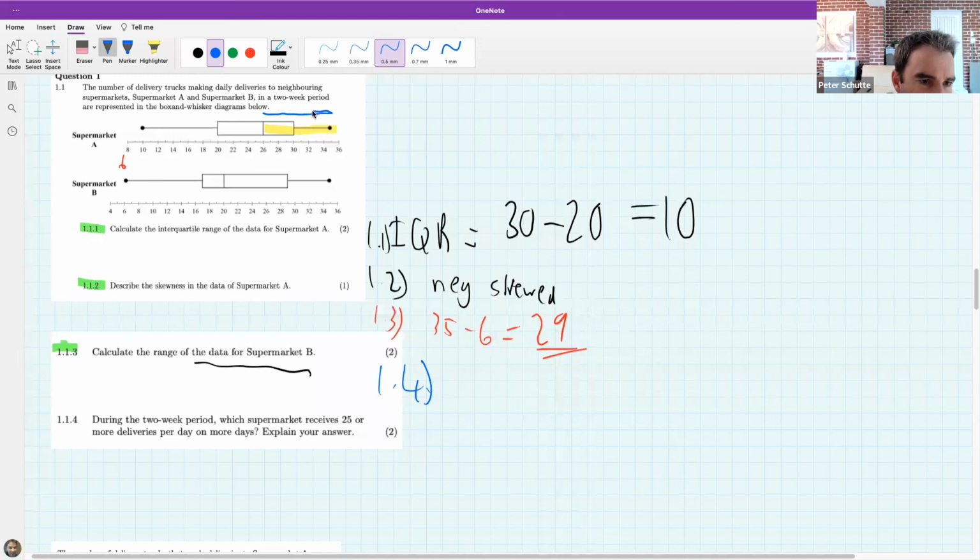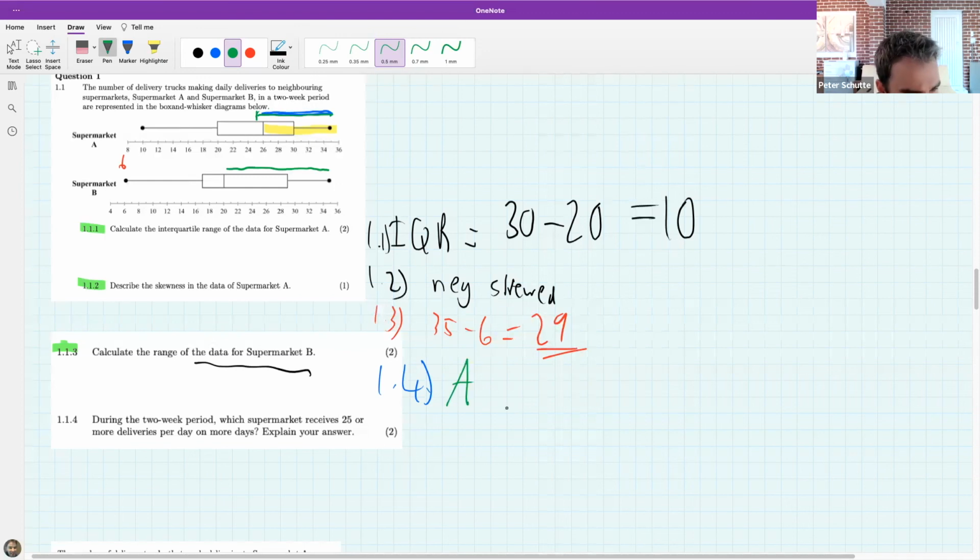So you're looking at that part. Exactly. Yes. And you can see, whereas the other one, the top 50% is only, I mean, some of them are above, but essentially clearly supermarket A has basically more values above 25. More than 50% of the data is above 25. Yes, sir. So I agree with you, Lee.